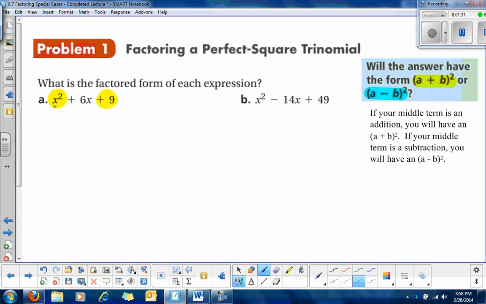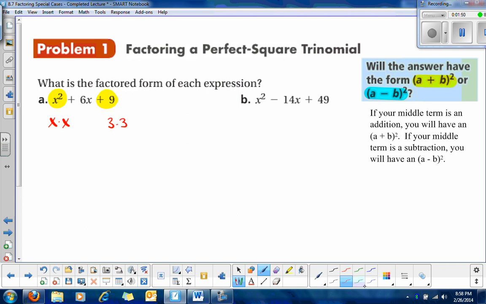Well, let's see. x squared, that is a perfect square, and we get that, of course, by doing x times x. And 9 is also a perfect square because we can get 9 by doing 3 times 3.